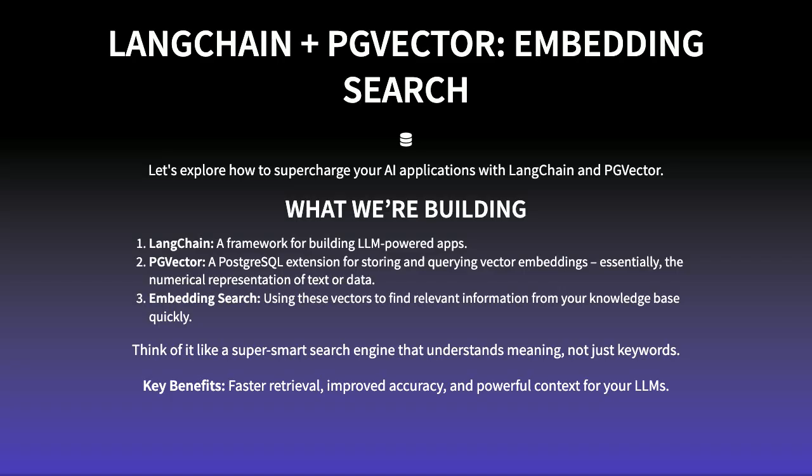LangChain lets us easily connect these components, and pgvector gives us a solid place to keep all those numerical representations of our data. This means instead of just searching for keywords, the AI can understand what you're asking about. It's like giving your LLM direct access to relevant knowledge stored in a structured way. The main advantage? Super fast retrieval and more accurate results.